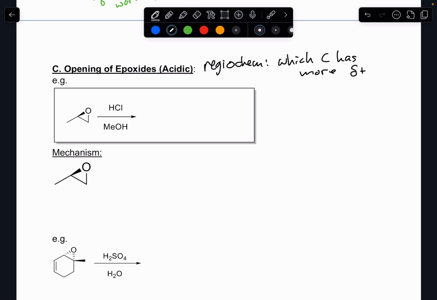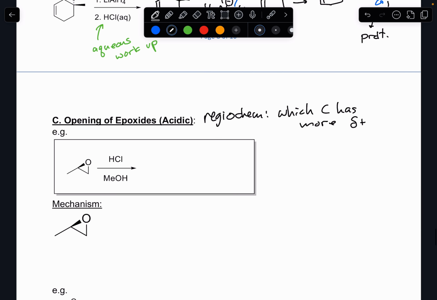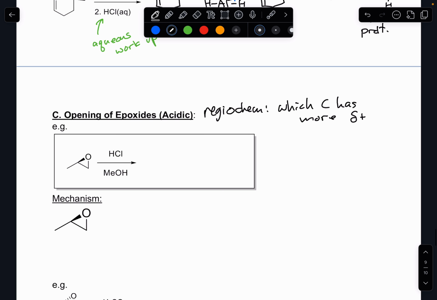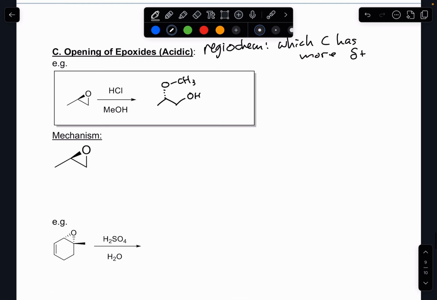That's going to be the deciding factor. Okay, so this is very similar to the earlier example, but it's going to open at the different site. So the product is going to look like this. It's very different. So let's examine the mechanism to understand why.